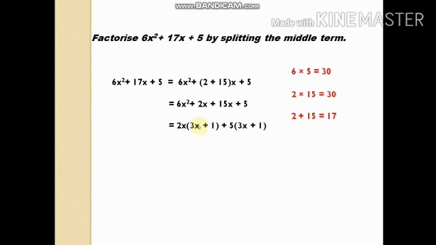Here you can easily see, student, 3x + 1 is a common factor in both the groups. So we will take 3x + 1 common, and at last we will get (3x + 1)(2x + 5). Here the degree of the polynomial is 2, so we will get the number of factors also 2.